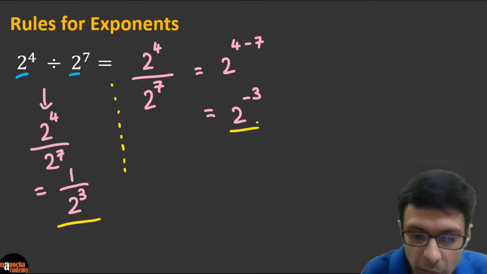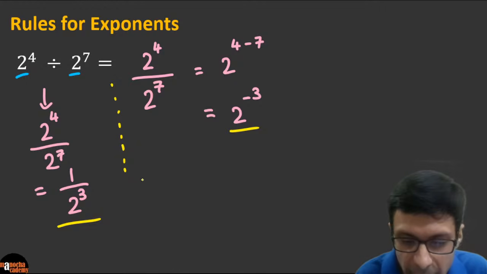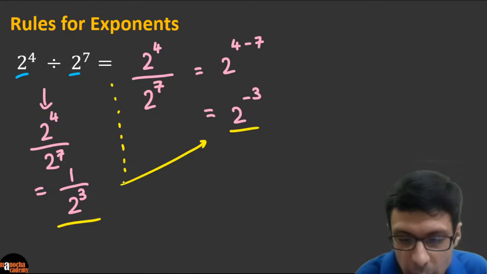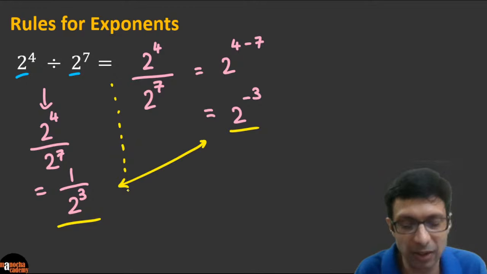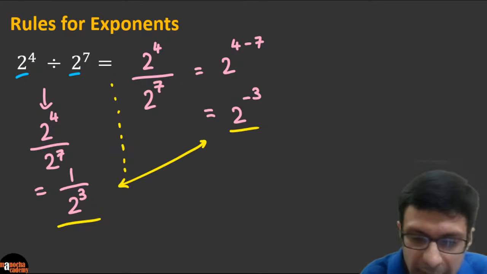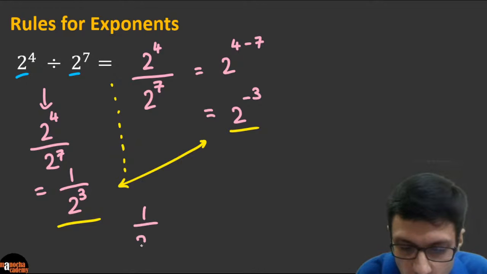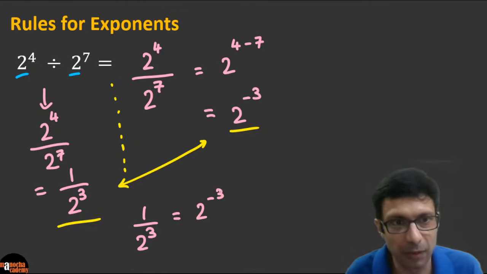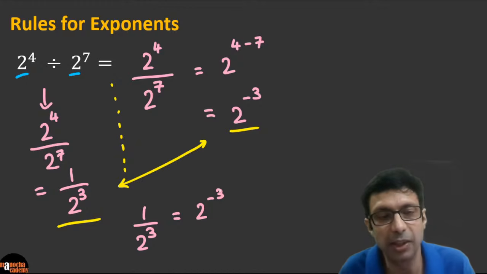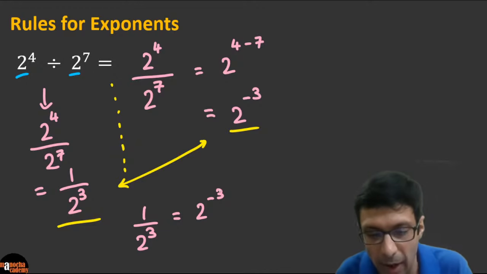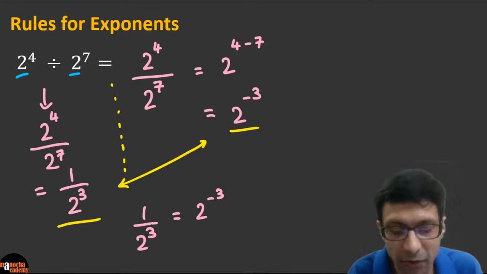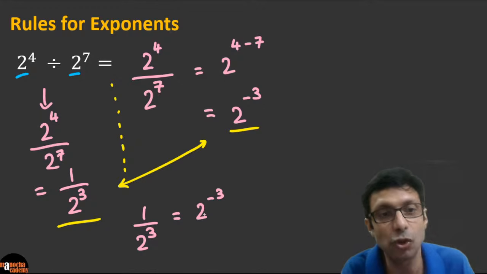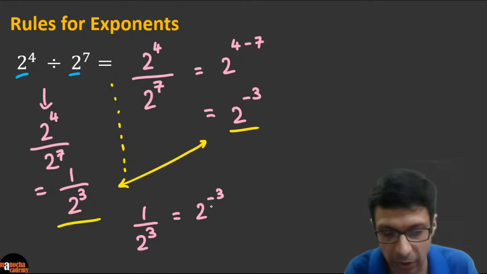So what is the conclusion we are getting? Both of these are same, right? So this is equal to this, right, guys? So what is the important conclusion we are getting here? That 1 by 2 cube is equal to 2 to the power minus 3, right? So when you take the reciprocal of 2 cube, it's basically 2 to the power minus 3, right?